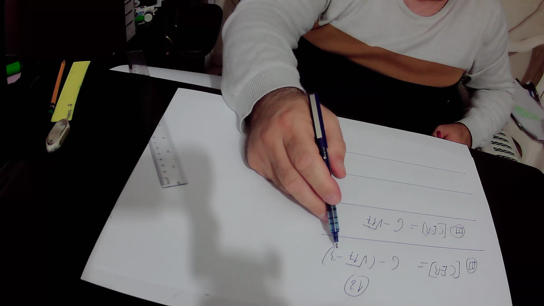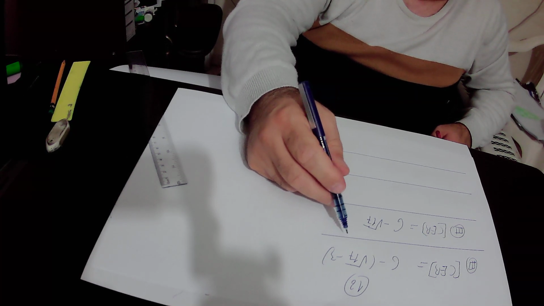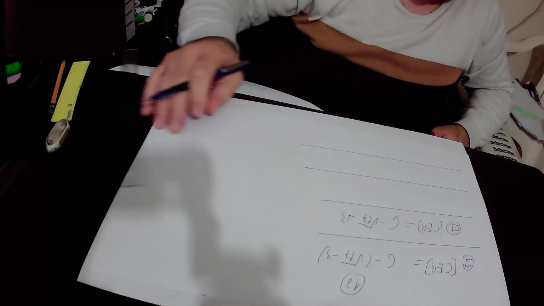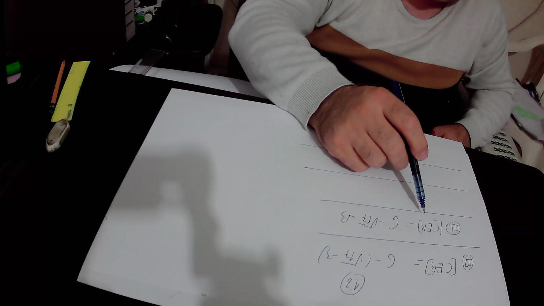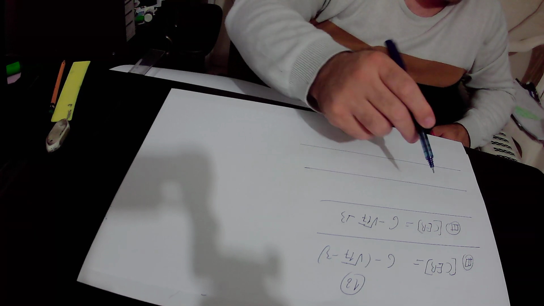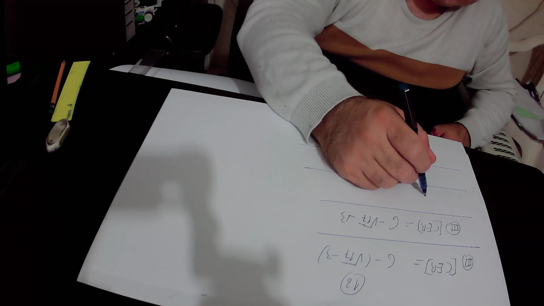Minus times minus is plus, so minus 3 is plus 3. So the area of triangle CEB is equal to 6 plus 3 minus square root of 17. I'll write it down.